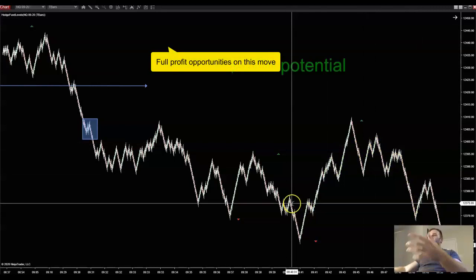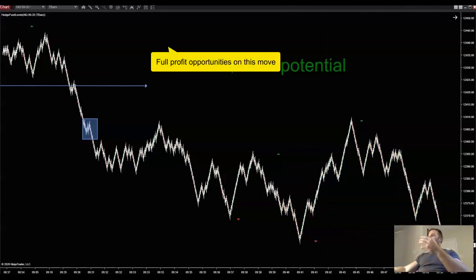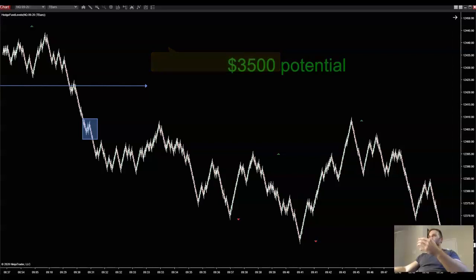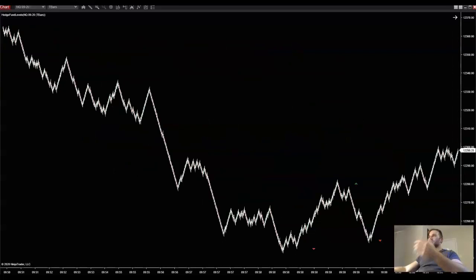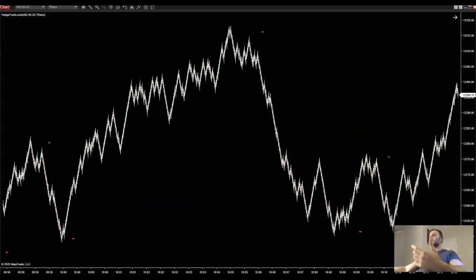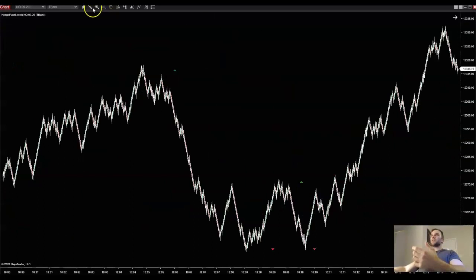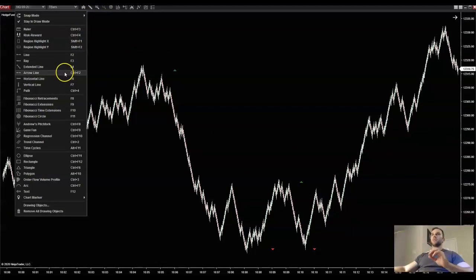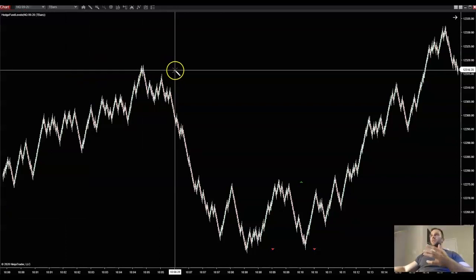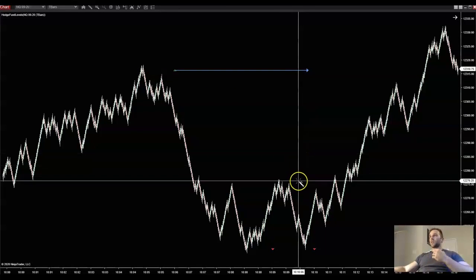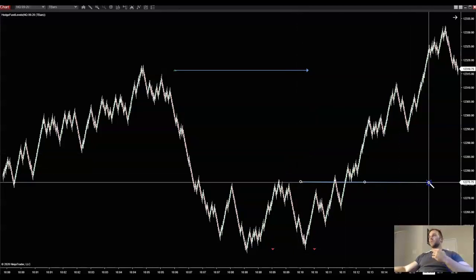With that, guys, I want to show you something else. This isn't a trade that I took, but I want to demonstrate the power of what the hedge fund levels can do for you. Right here, there's another opportunity. We draw in our lines, we wait to see if price ever gets broken. Price doesn't get broken. We have the next level. Draw that out.